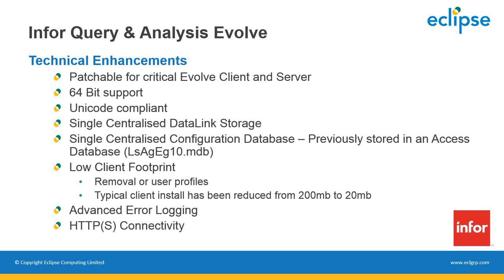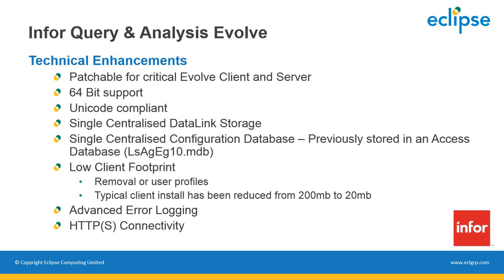So that's good. It's also fully Unicode compliant, so for people operating in multi-language environments, maybe combining data from Eastern European languages or East Asian languages with Western European languages.